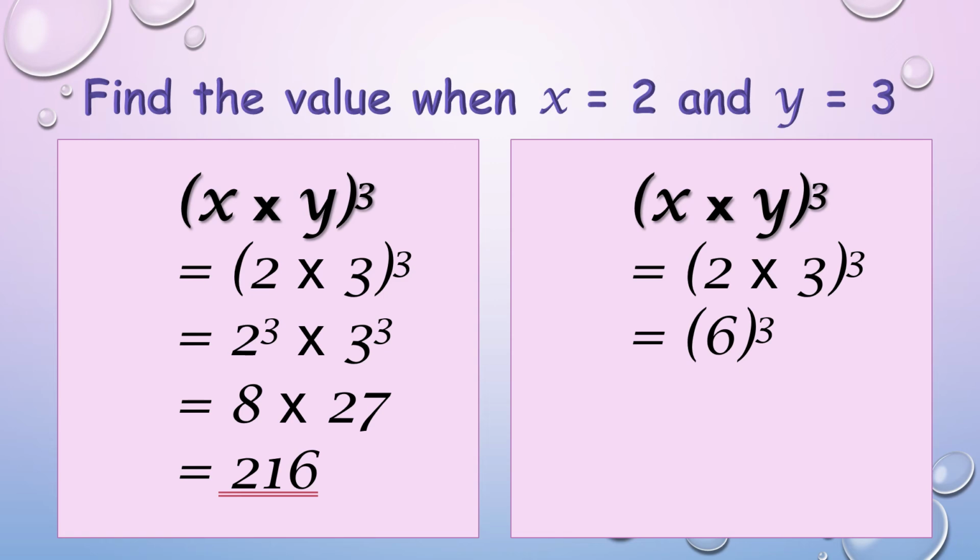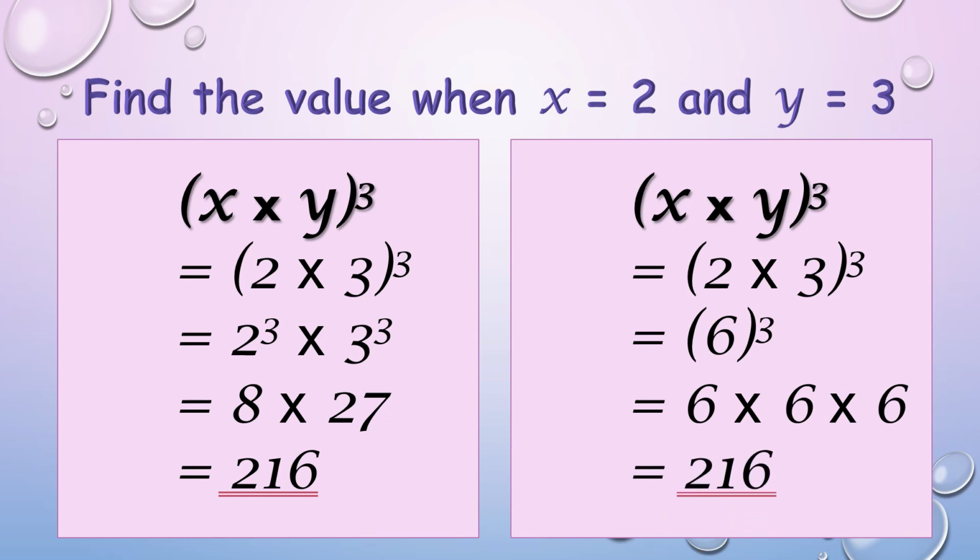So you can put the answer. Then it is 6 to the power 3. That means 6 times 6 times 6. So the answer is 216. So you can use both methods to find the answer.